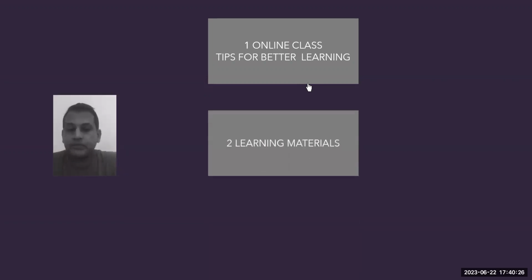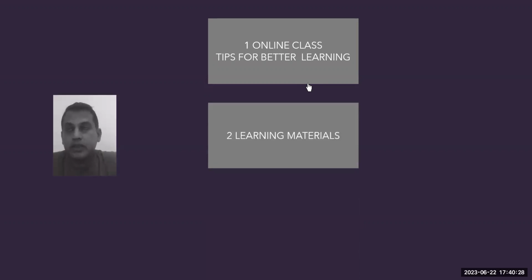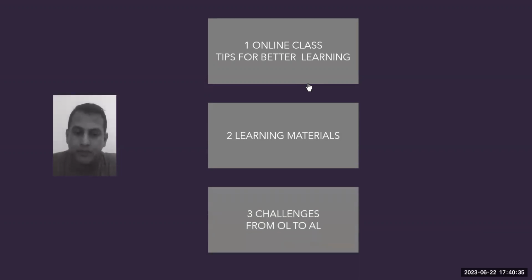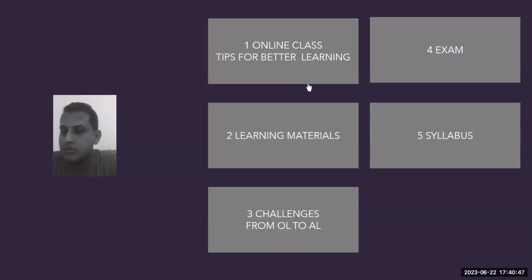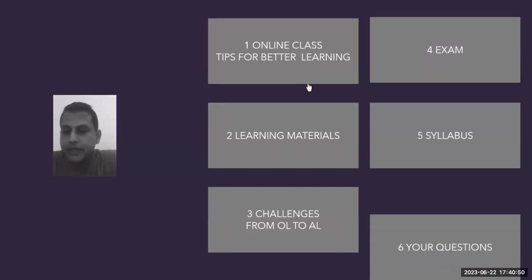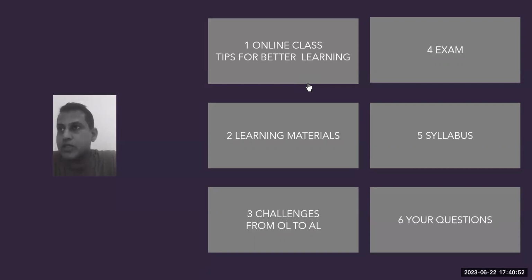The second one, what kind of learning material you need for the entire course. Third, once you finish your O level, what are the challenges in moving from O level to A level? Then your exam and the syllabus, and then questions from the students. So these are the 6 things we're going to see in this introduction session.